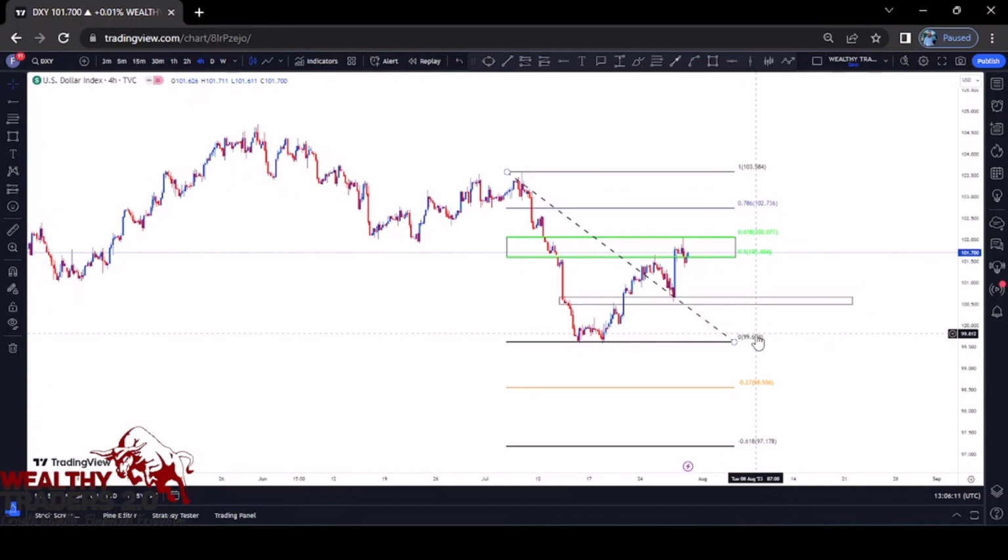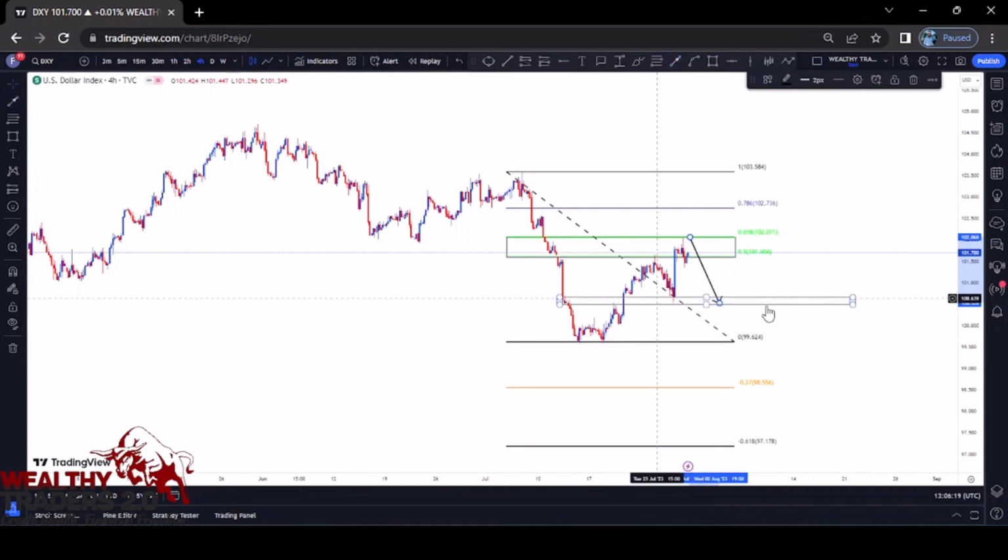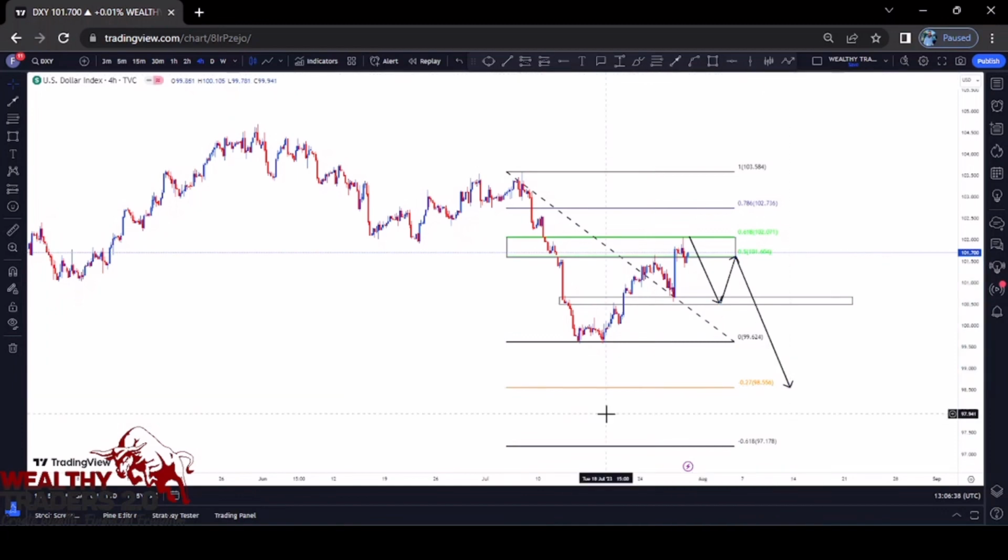So around here, if the market decides to drop, we might be having a double top, double bottom going to the upside, or it can create a head and shoulder to continue going to the downside and creating a new lower low. So you always have to have those possibilities in the market.